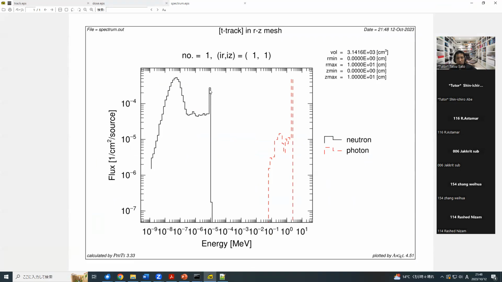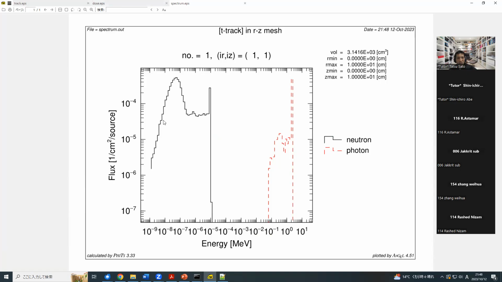The initial neutron energy started at 10 to the minus 5 MeV. Then these neutrons are thermalized in the water target.